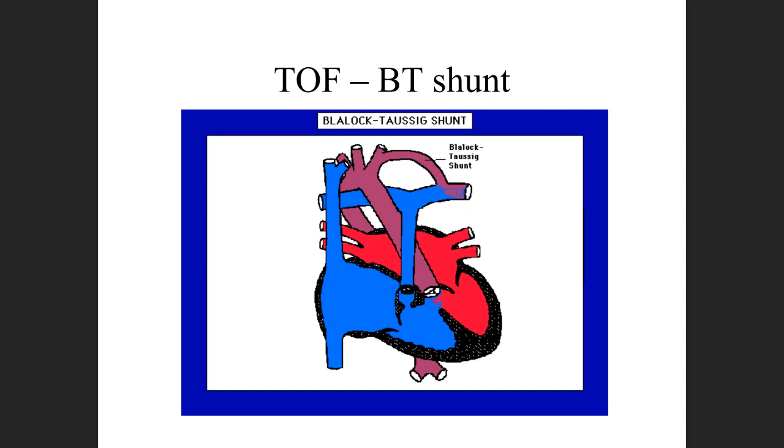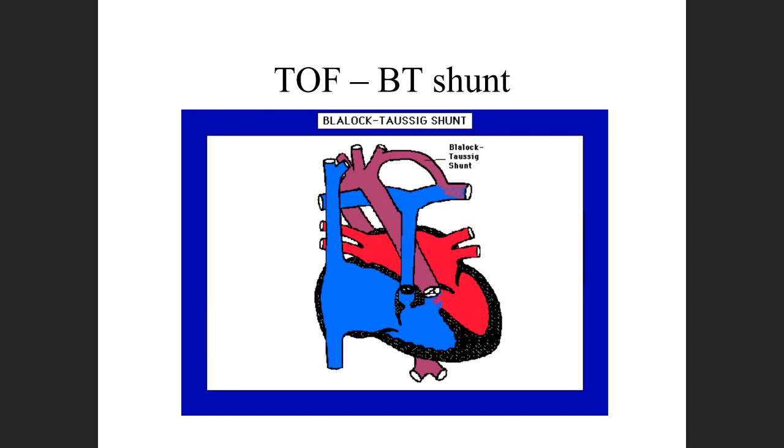So what you're in fact doing is increasing the perfusion of the pulmonary circulation when you do that shunt procedure. And that usually abolishes or significantly reduces the blue spells.